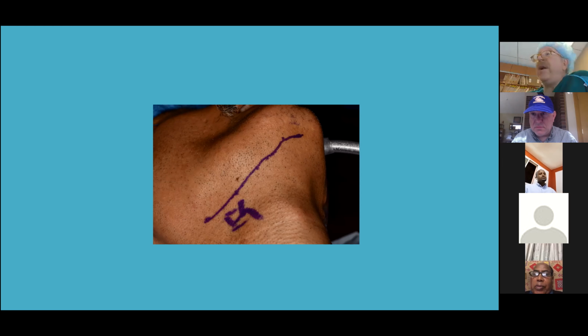Noma is quite rare here. We don't see it like you would see it in Ethiopia and other parts of the world. It's basically a bacterial disease. It's usually, unfortunately, associated with lower levels of hygiene and sanitation and diet. We don't have much experience with it.